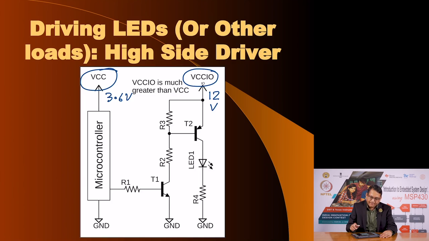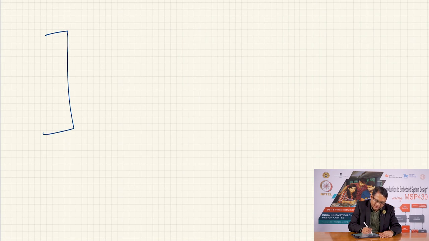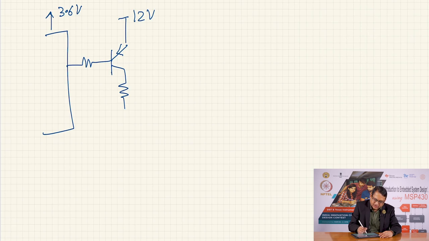And then it will never be able to turn the LED off in the normal configuration. Why? Because my microcontroller has a supply voltage of 3.6 volts and I have this resistor, here is my PNP transistor, and the supply voltage here is 12 volts, and here is my resistor and the LED.